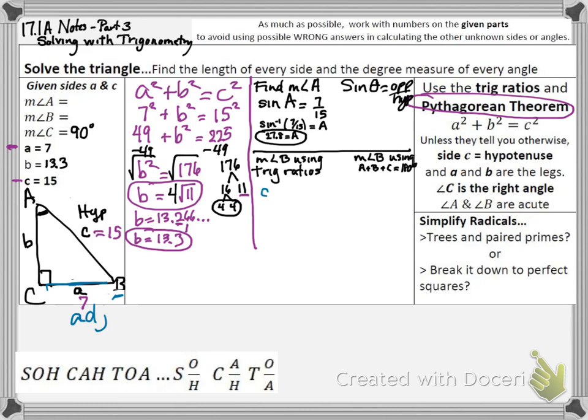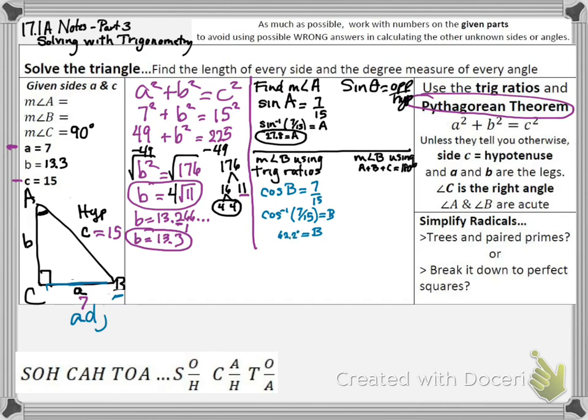So I'm going to say cosine of the angle I want to know equals the adjacent side over the hypotenuse. And again, I want to get B out of my cosine, so I'm going to say inverse cosine of 7 over 15 equals B. And my calculator gives me 62.2 degrees.